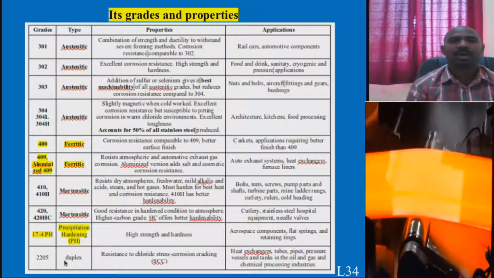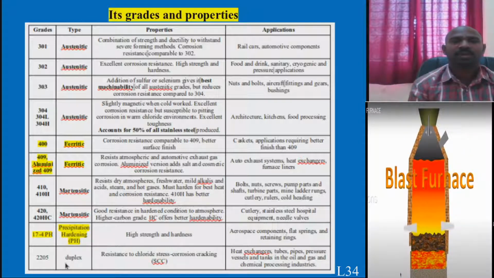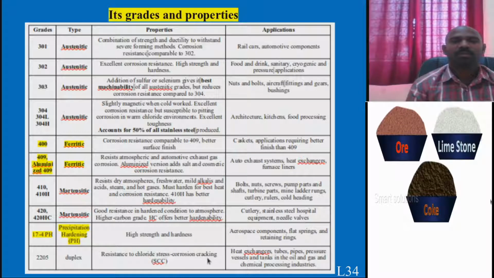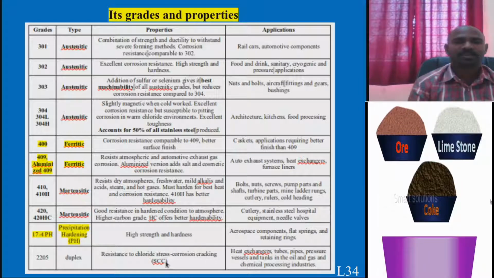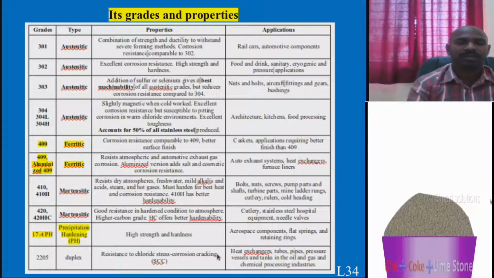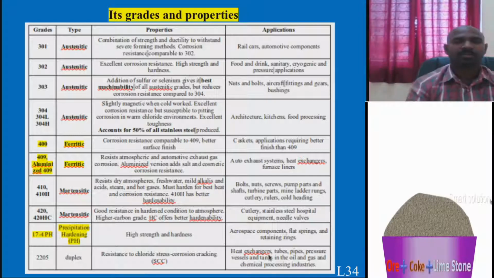Now coming to duplex stainless steels, they have good resistance to chloride environments such as the ocean, and to stress corrosion cracking. That is why this kind of stainless steel finds suitable application in heat exchangers.